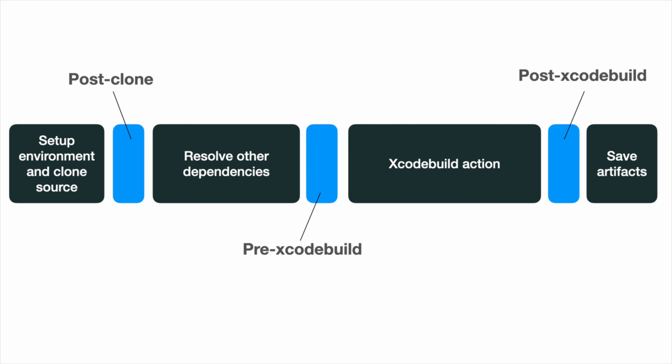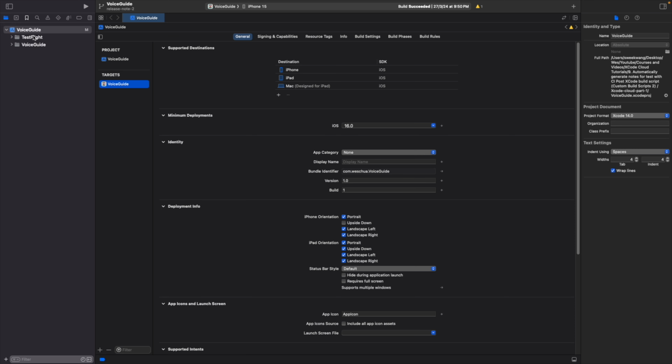Let's head to Xcode and create a post-Xcodebuild shell script. Treat this as a challenge and see if you remember how to do it. Feel free to pause the video now if you like to try it on your own. The first step is to create a CI scripts folder.